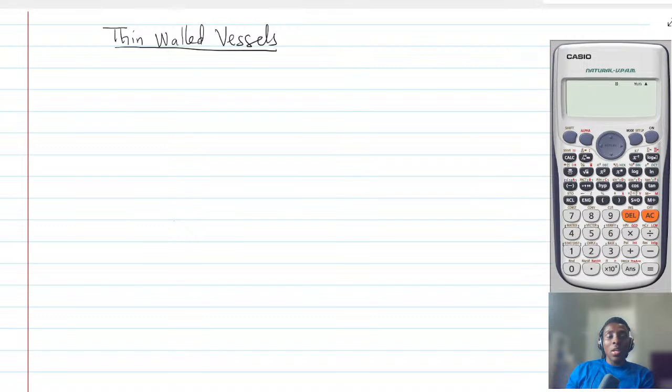That's all. Let me give you a typical picture. A typical example of a thin walled vessel could be something like this.